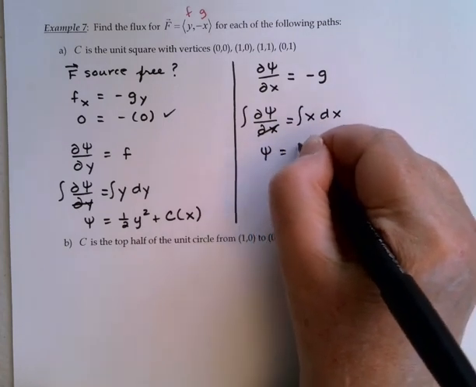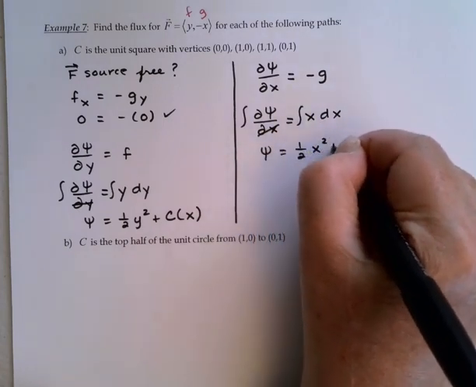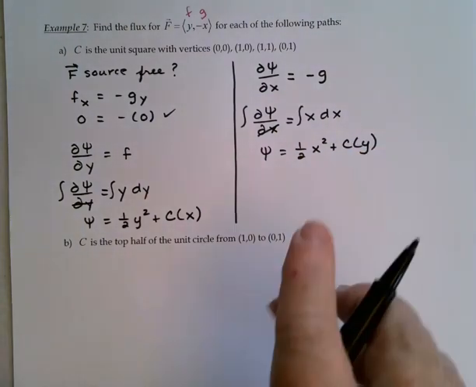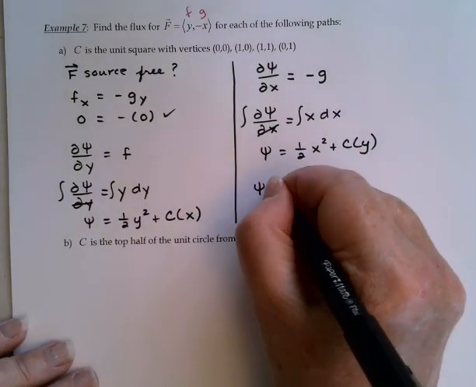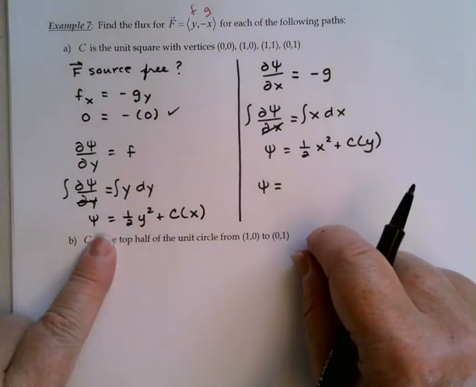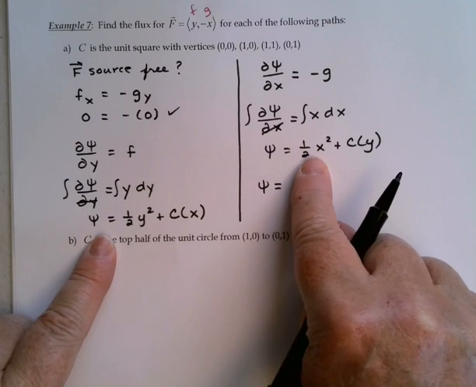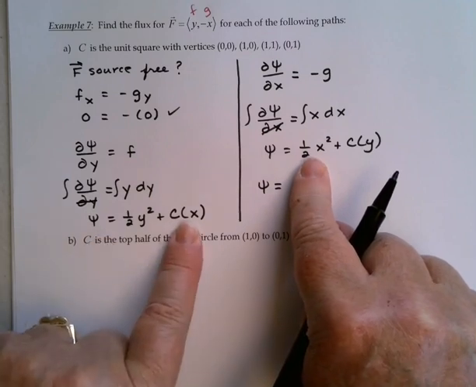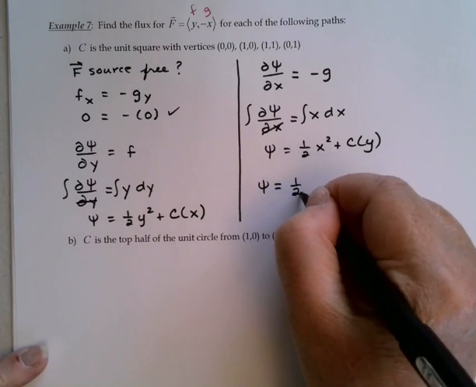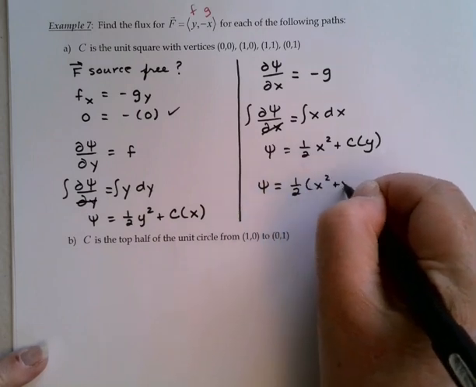So this one gives me phi is equal to 1/2 x squared, plus a constant that could depend on y. And comparing these, I'm going to say that the stream function phi, the 1/2 x squared goes with the c of x, and the 1/2 y squared goes with the c of y. So I just have 1/2 x squared plus y squared.